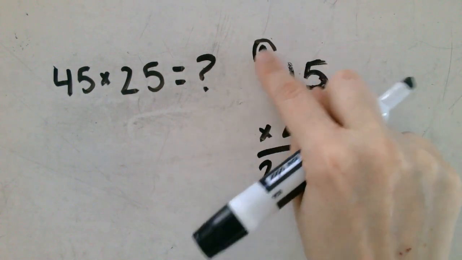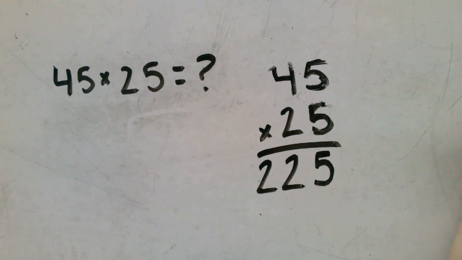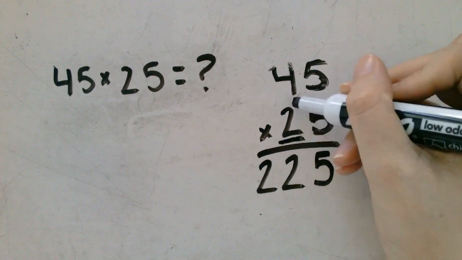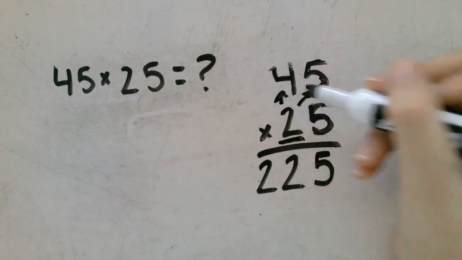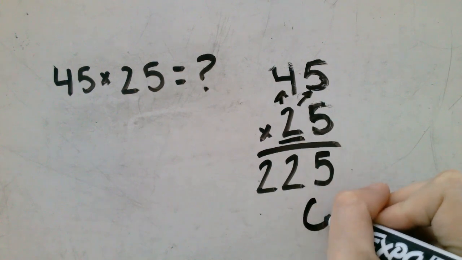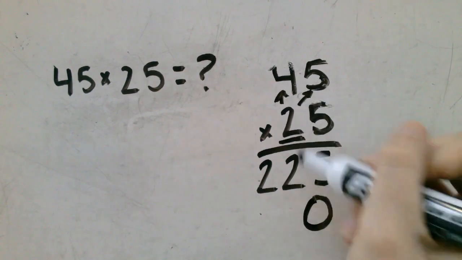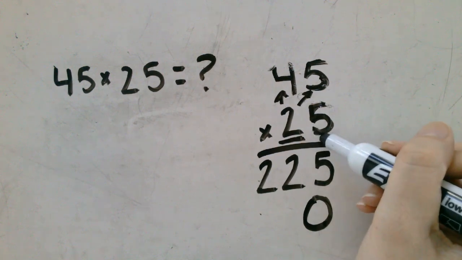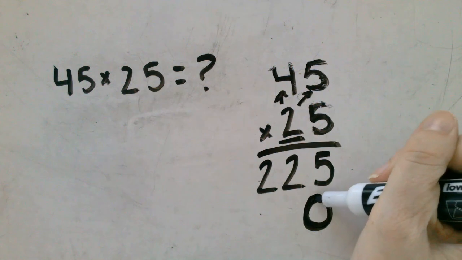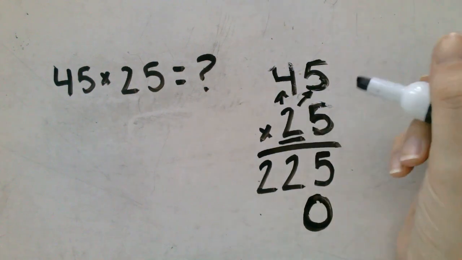We're actually going to erase. And we're going to move over to the 2. We're going to do the same thing with the 2. Since we're going over to the tens place, we're moving over one place, we have to put a 0 back here. We're not multiplying the ones place anymore. We're multiplying the tens place, so we have to show we're going over one spot.